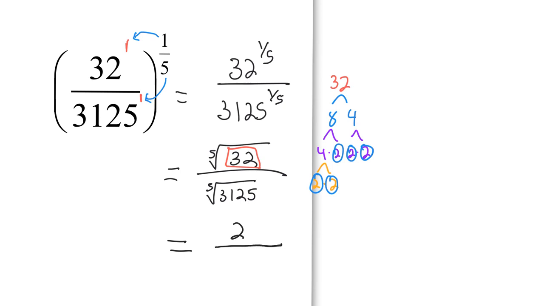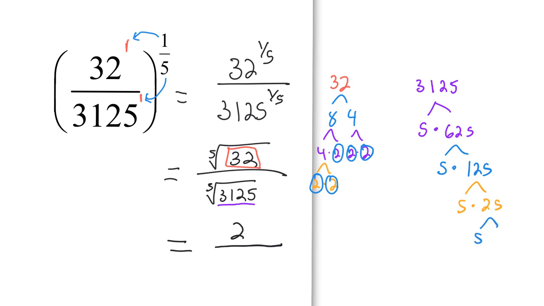Now the bottom number is 3125. So it ends with the 5. So that means 5 goes into it, so 5 times some number, and that's 625. And then we can break down the 625, 5 times 125, and you can also break down 125, that's 5 times 25, and 25 is 5 times 5.